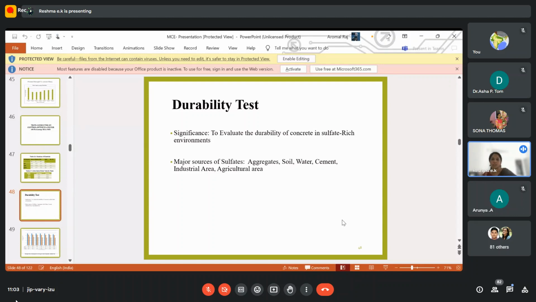When I was talking to another research scholar who was working on cement concrete pavements, he said he had done both sodium and magnesium sulfate. The funding was available for that person. For me, the funding was not available to do so many tests.